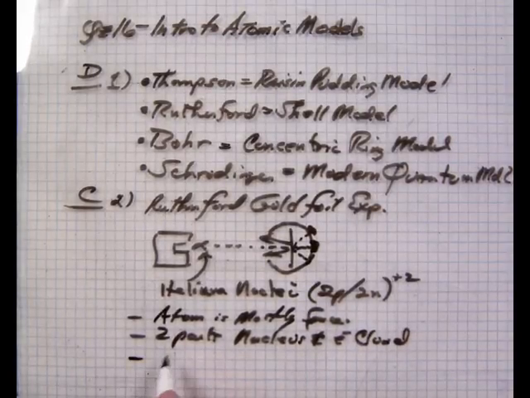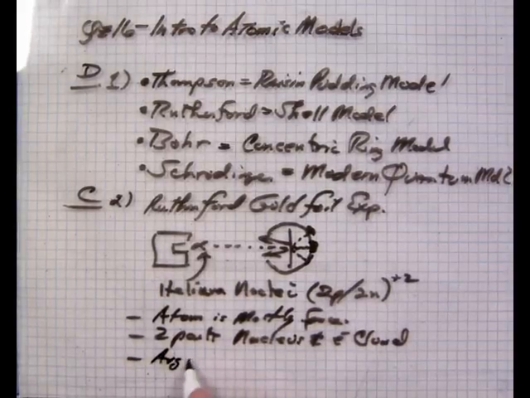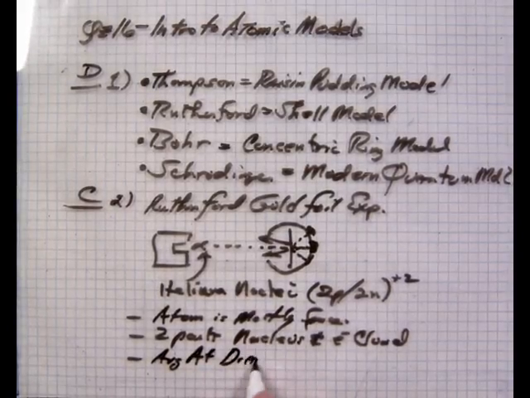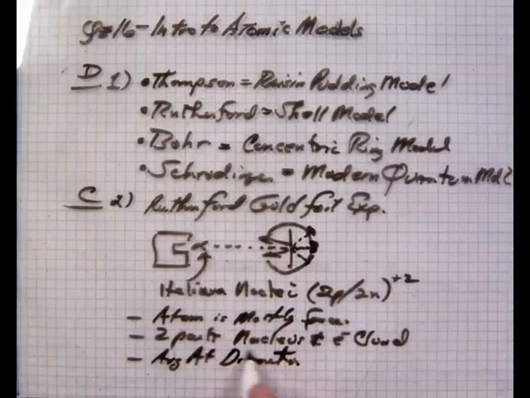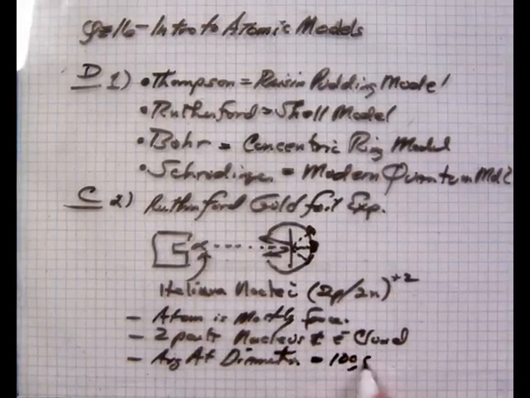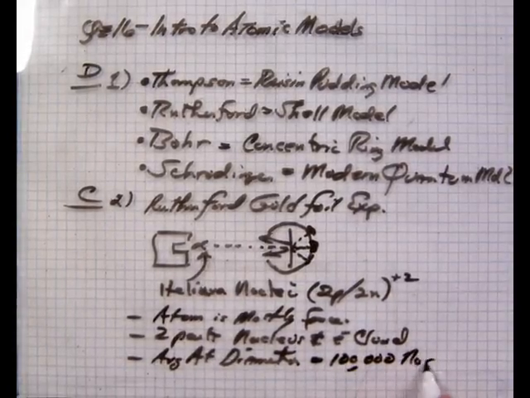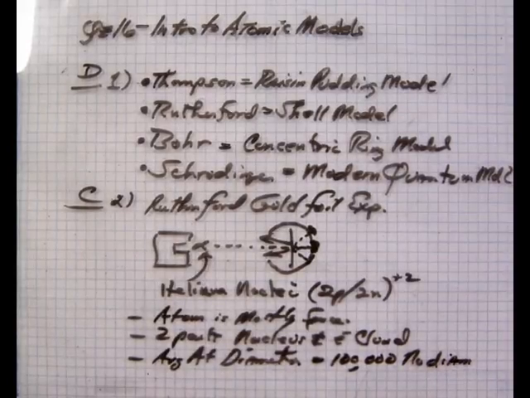He proposed that the average atomic diameter is equal to 100,000 nuclear diameters.